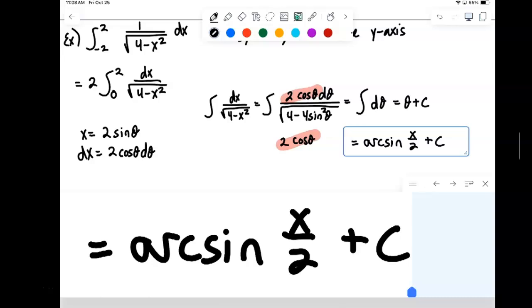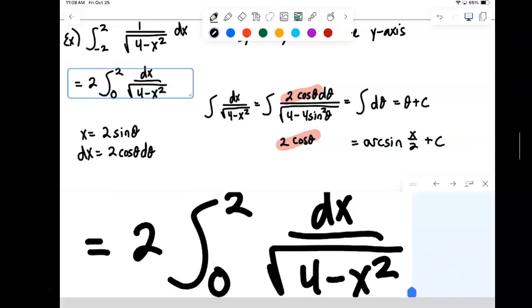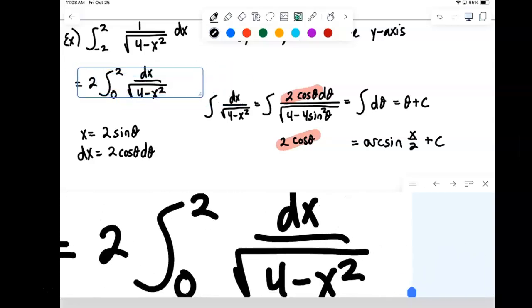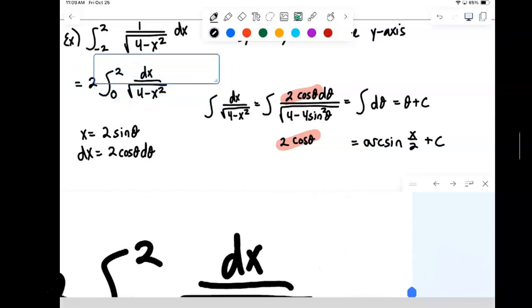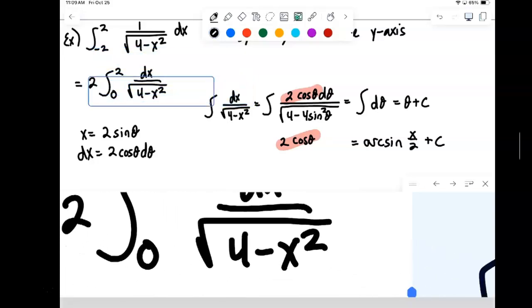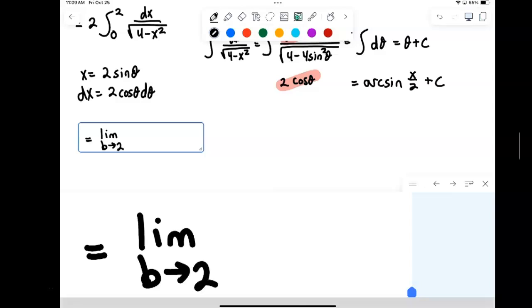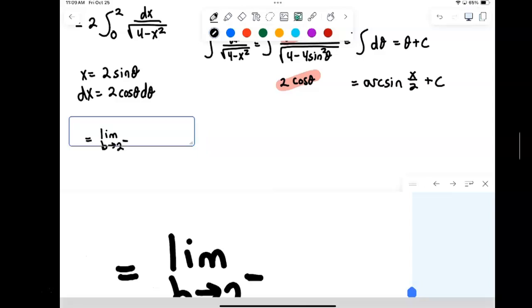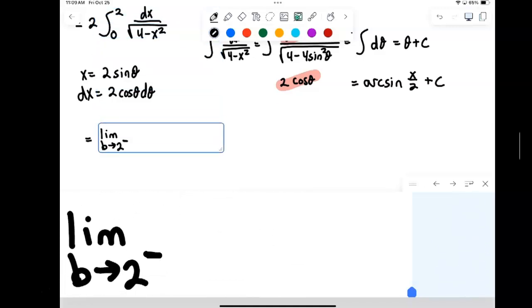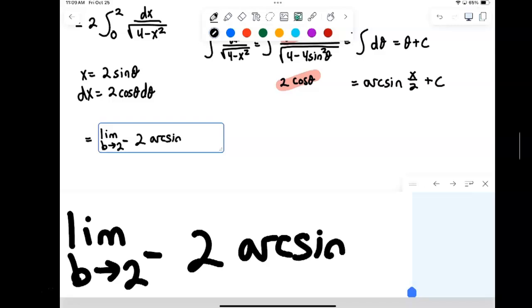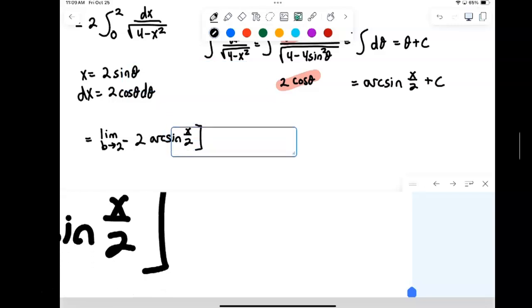And now we can go back to our original problem. Remember that at 2 this thing is undefined. So our problem would be to take the limit as b approaches 2 from underneath, taking on values smaller than 2, of 2 arcsine of x over 2, evaluated between 0 and b.